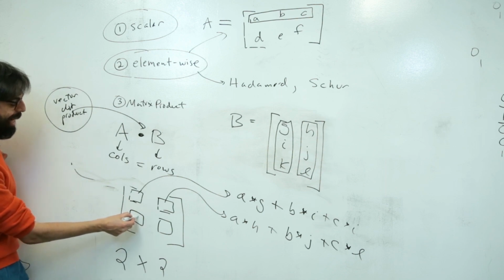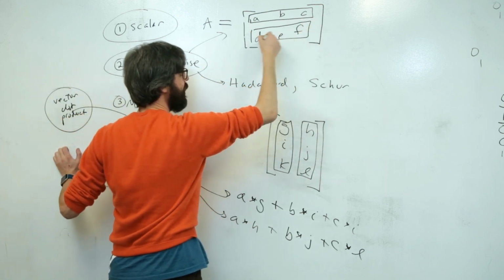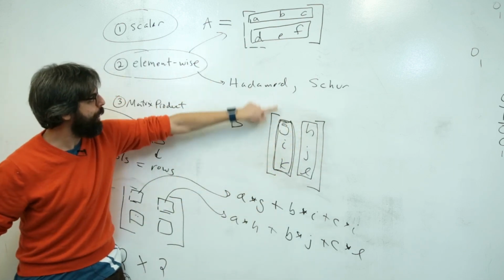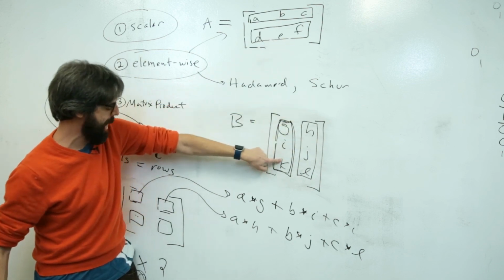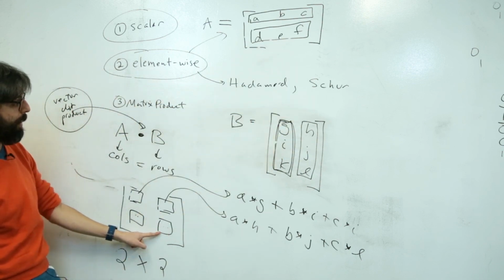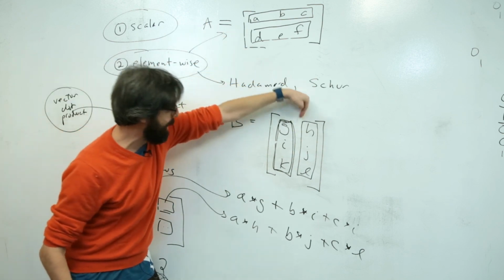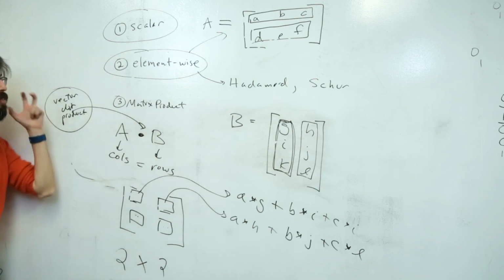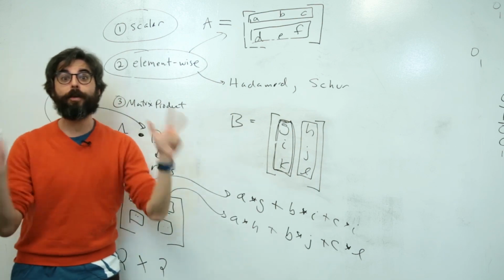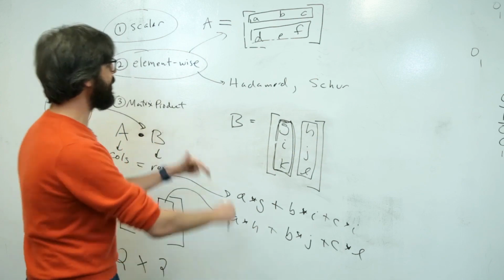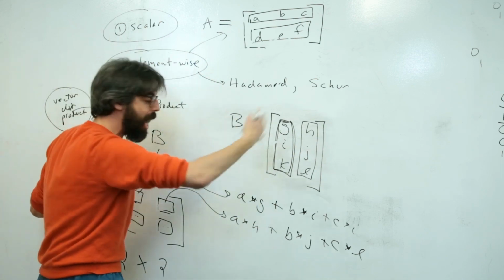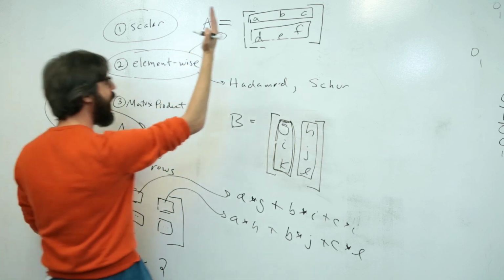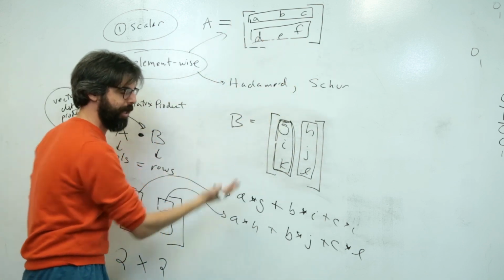This one is the second row of A times the first column of B: D times G plus E times I plus F times K. And then this one here is going to be the second row times the second column: D times H plus E times J plus F times L. Okay? So that's the math. For any arbitrary set of matrices, you take the dot product of all the rows with the columns to fill out your resulting matrix product, and you must have the same number of columns in A as rows of B.